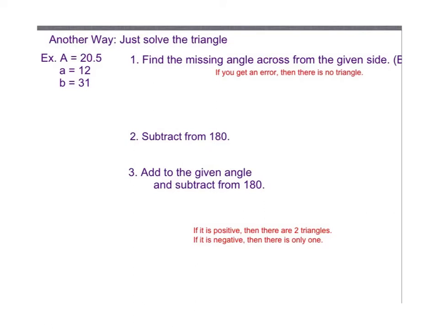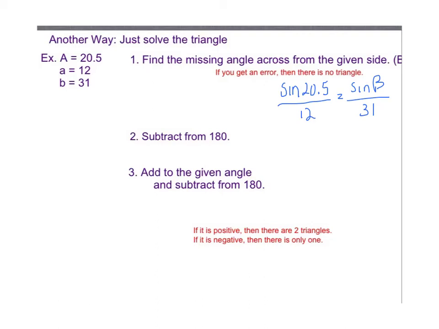Okay, here's our final example. Guess what? This one is going to be the two triangles. This is two triangles. And so you see the given information up here in the corner, right? We're going to do the same method, the same exact thing we did before. We're going to find the missing angle across from the given side. So I've got the sine of 20.5 over 12 is equal to the sine of B over 31.